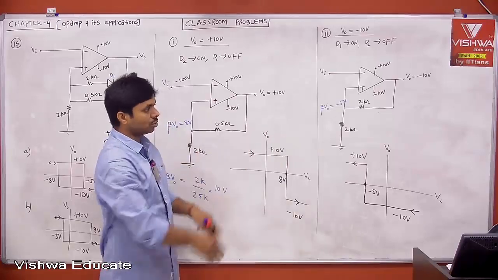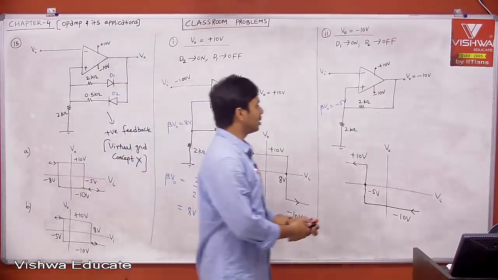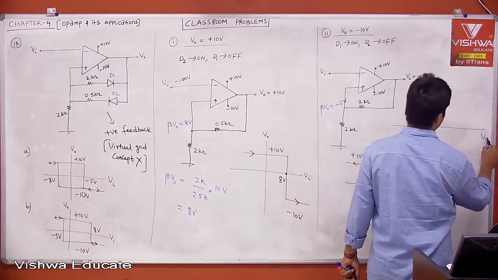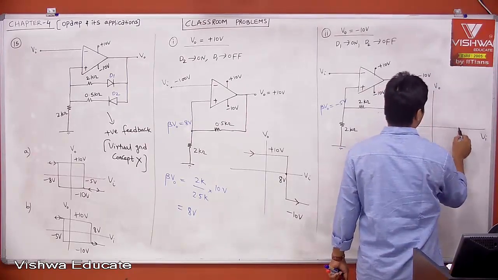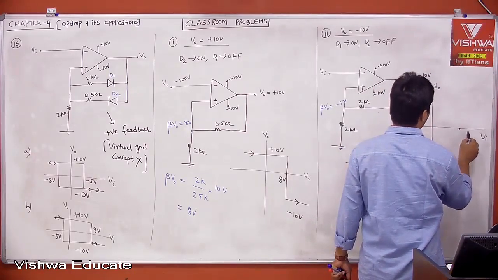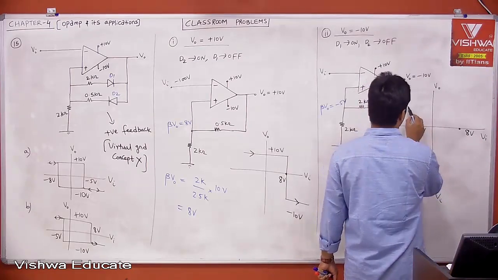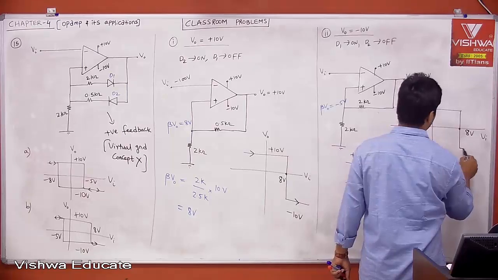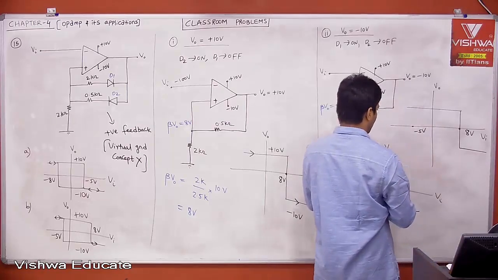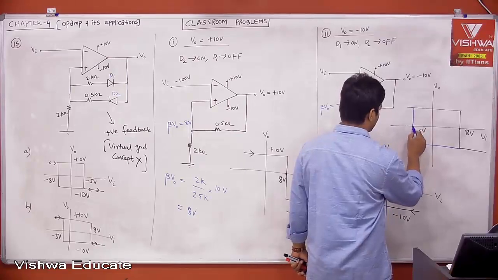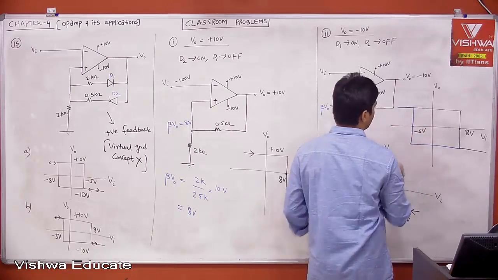If you combine these two, you will get hysteresis. Therefore, when I combine those two, this is your Vi and this is V0, it is defined with 8 volt, and this is defined with minus 5 volt. Then tell me, in the positive direction, this is what it is, and in the negative direction, this is what it is, right?